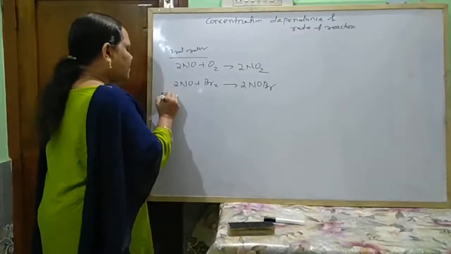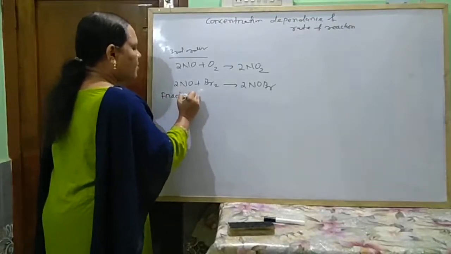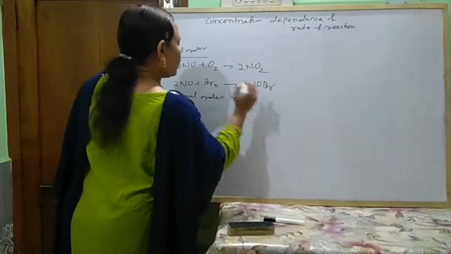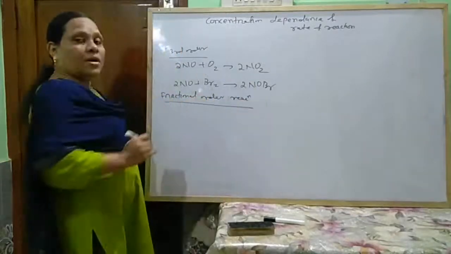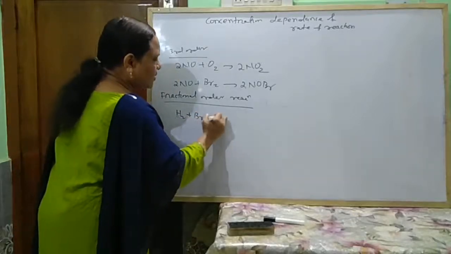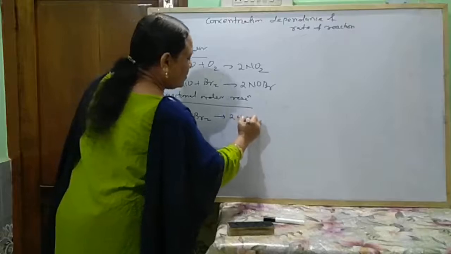Next come to example of fractional order reaction. H2 plus Br2 give rise to 2HBr.